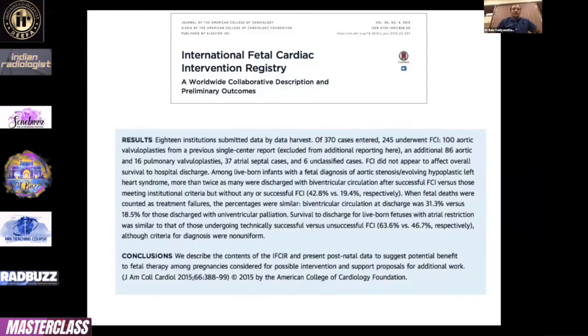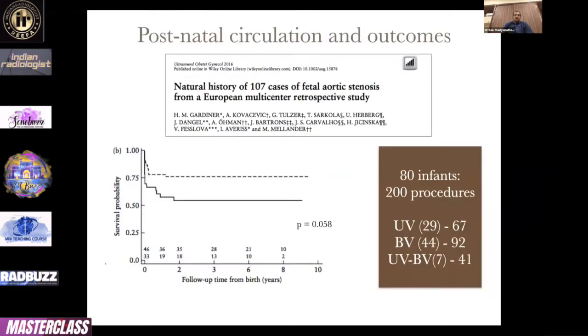So what does the International Fetal Cardiac Intervention Registry show? They show that overall biventricular circulation is better with in utero intervention, 42% versus 19% without intervention. But what we need to understand, and this is a much more subdued paper, looking at the European multicentric study, is that these patients actually require multiple procedures in their life.